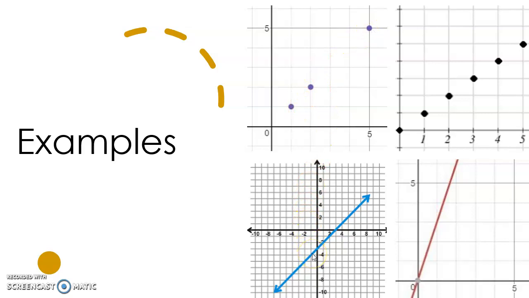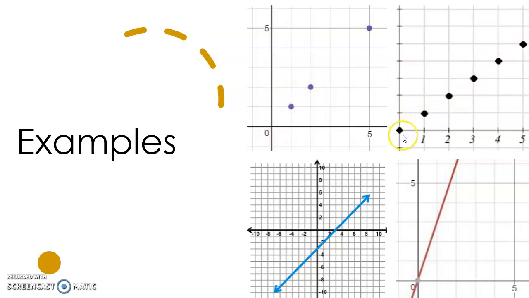This, however, is a continuous linear function, because we see the straight line and we see the arrows on both sides. So that means our domain and range would be the same, negative infinity to infinity. This is very similar to the first equation, being discrete.